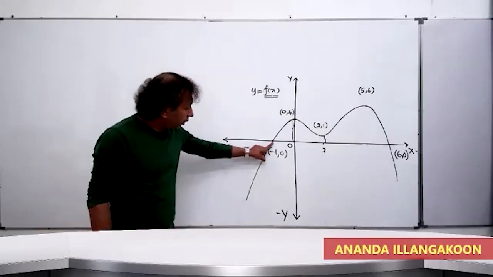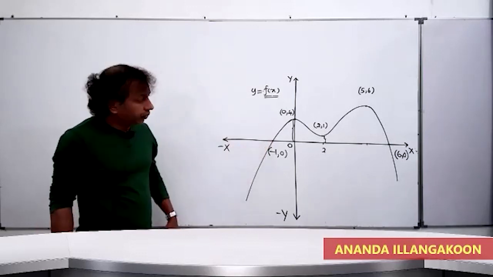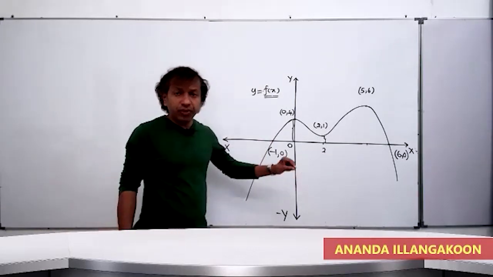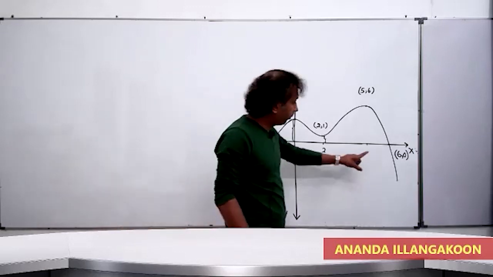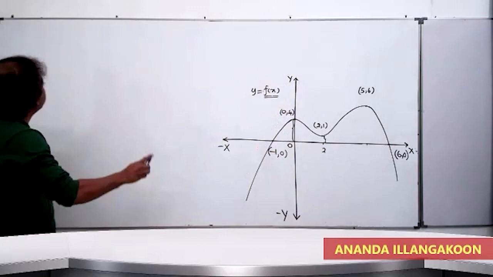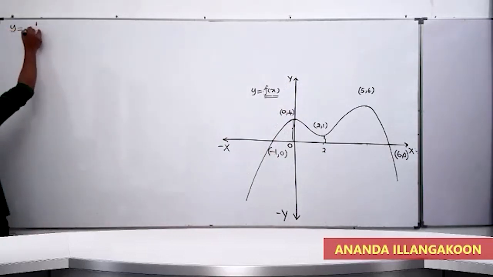Right. So when x equals -1, f(x) means the y coordinate of the graph, 0. When x equals 6, f(x) means the y coordinate of the graph, 0. Right. Then people, this is how we sketch y equals 1 upon f(x).